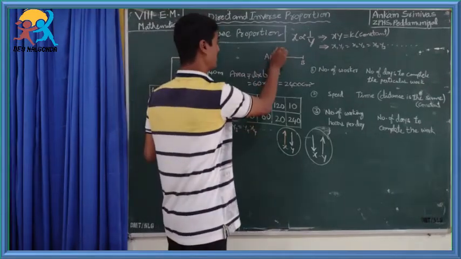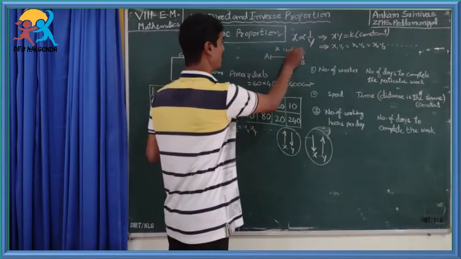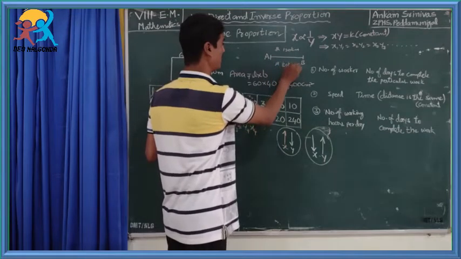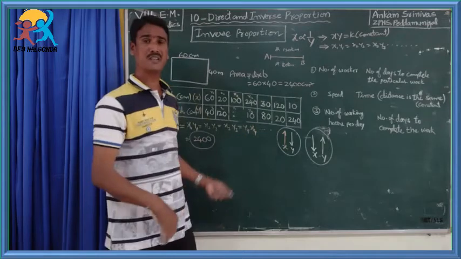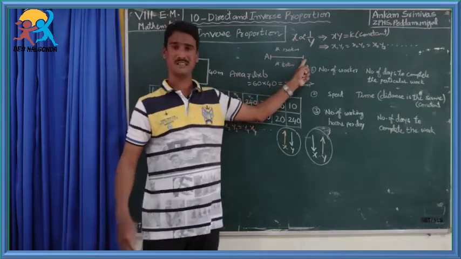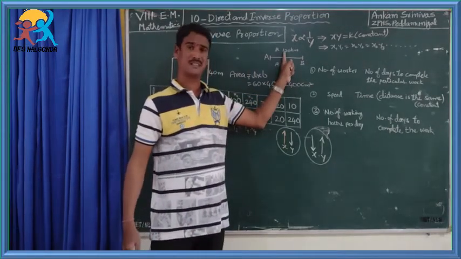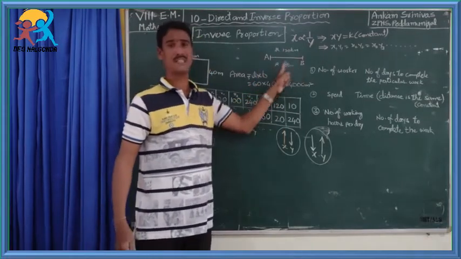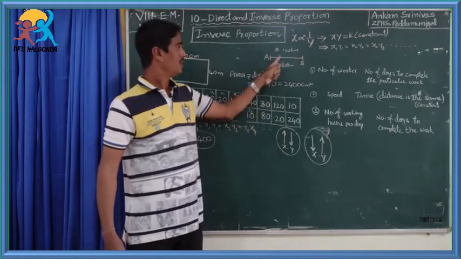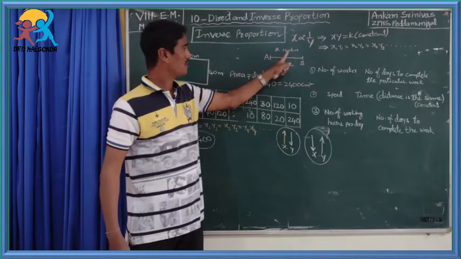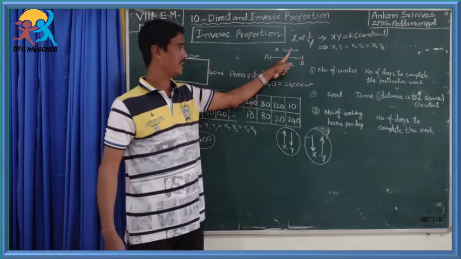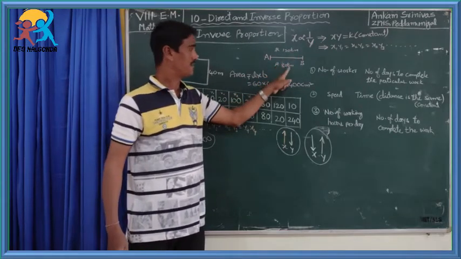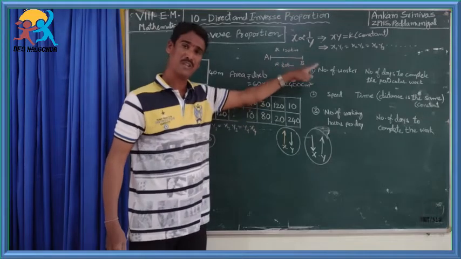One person goes 120 km per hour and a second person goes 80 km per hour. Who will take less time to reach B? The first person. Who will take more time to reach B? The second person. Because a person who goes at more speed will take less time, and a person who goes at less speed will take more time.